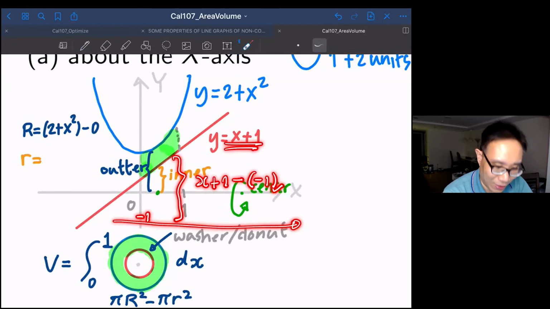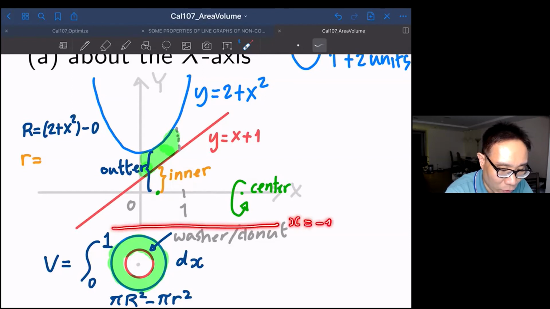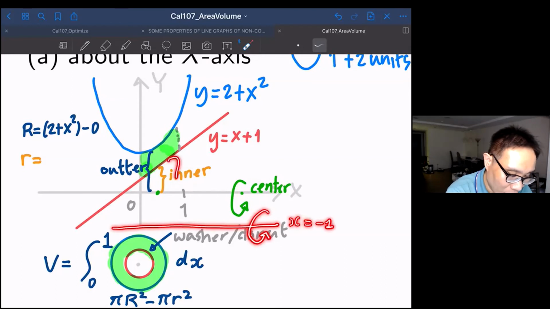Okay, so that's the thing that I'd like to teach you here. I subtract 0 for you because we are beginning at 0. Okay, you may argue that, hey, you don't need to subtract 0. You need to subtract 0 because if you have another situation, like you have x equal to negative 1 and you rotate, you're going to get the new inner.